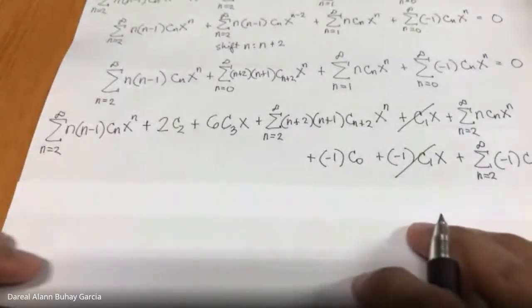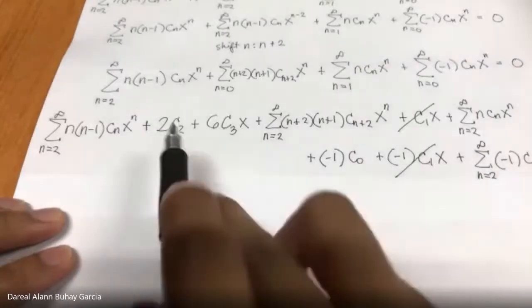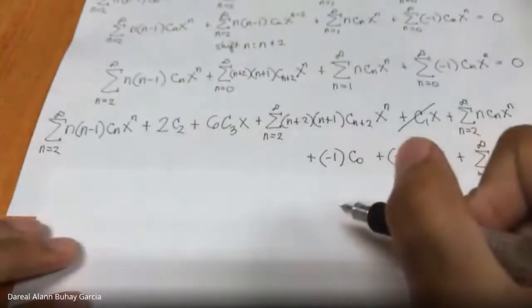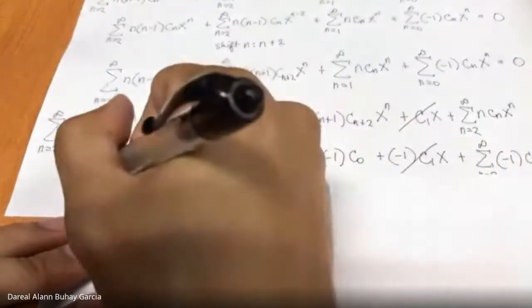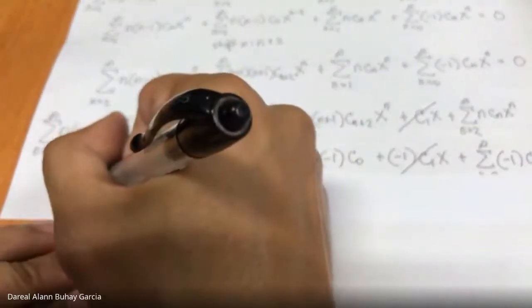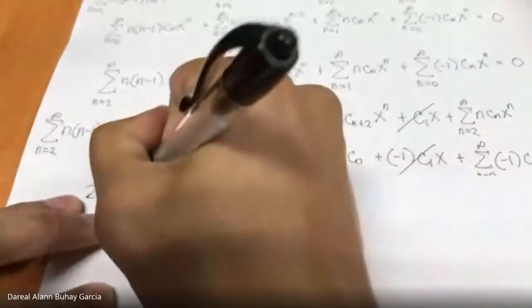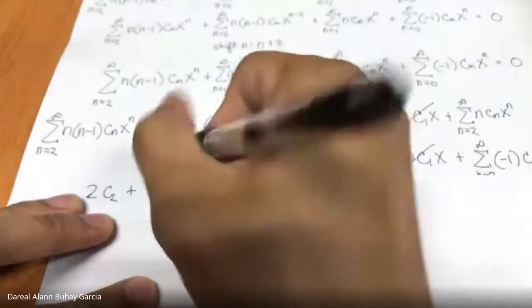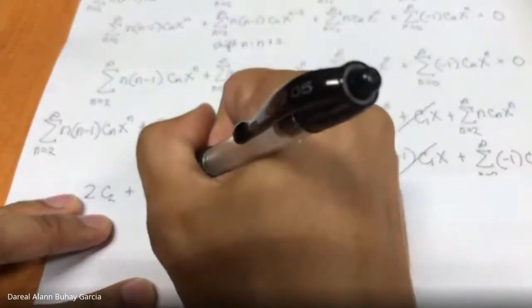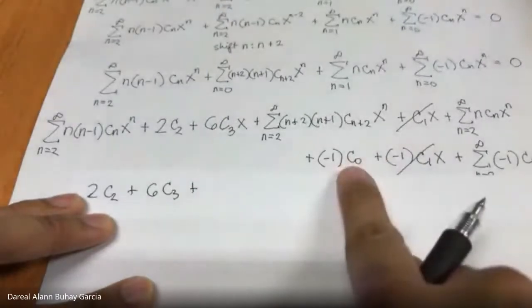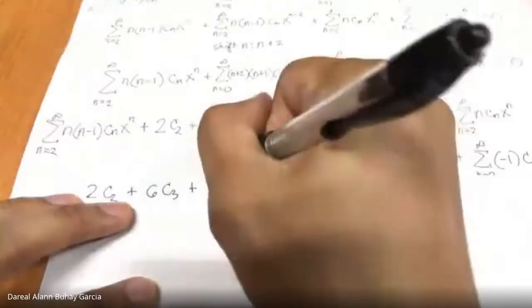Our solution becomes 2C2 plus 6C3 plus negative C0.